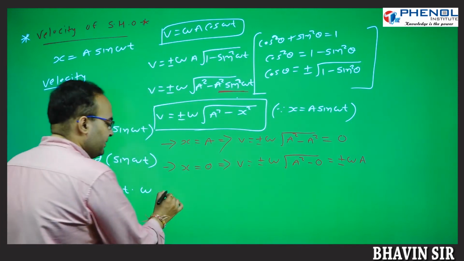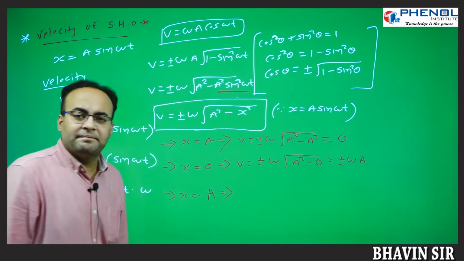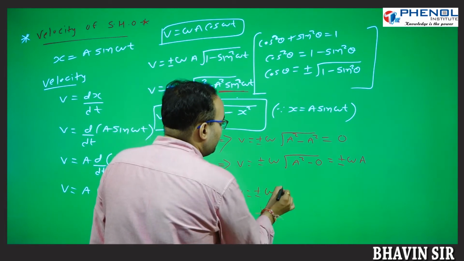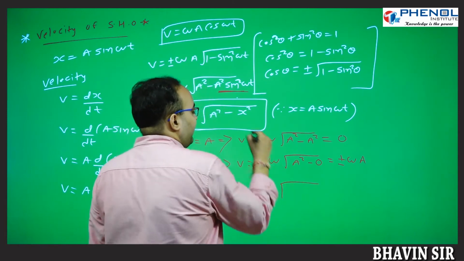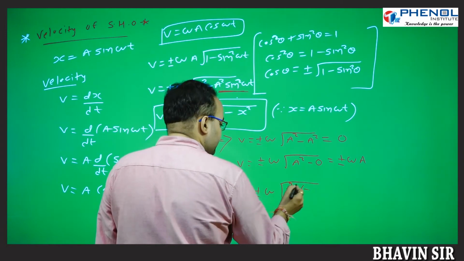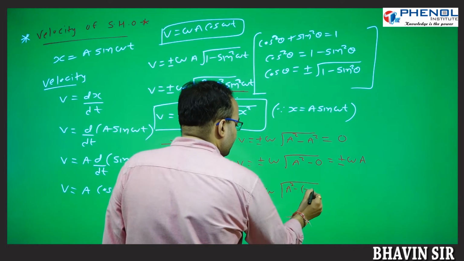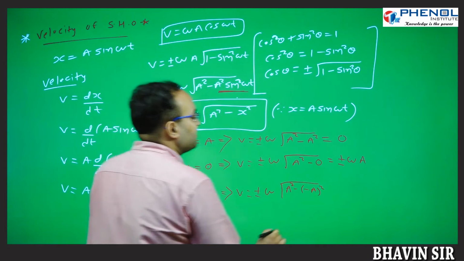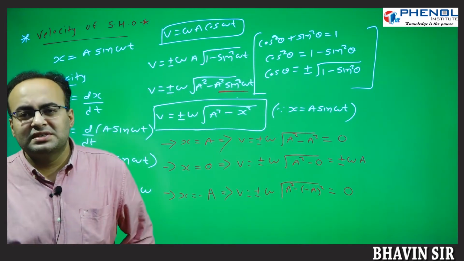And if we take x equals minus a, then plus or minus omega, in place of x write minus a. So what is minus a square? It means a square minus a square, then again 0. So it means what, students?